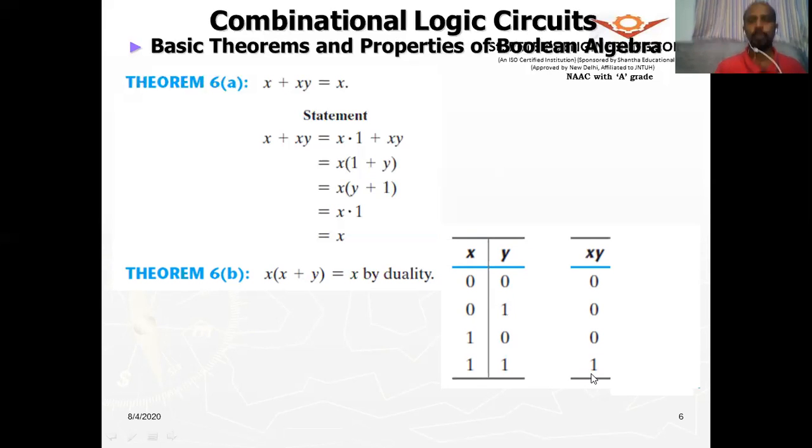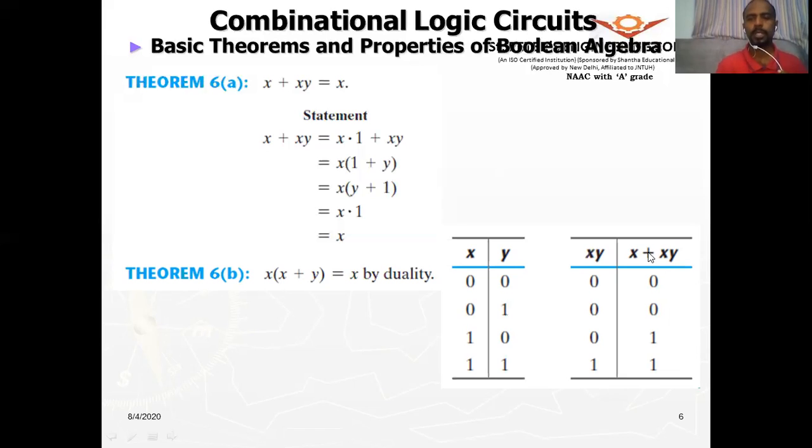Now let us take x OR xy. So you get the result. So this is xy, this is x. So we can check the result here. So 0 or 0 is 0, 0 or 0 is 0, and 1 or 0 is 1, and 1 or 1 is 1.